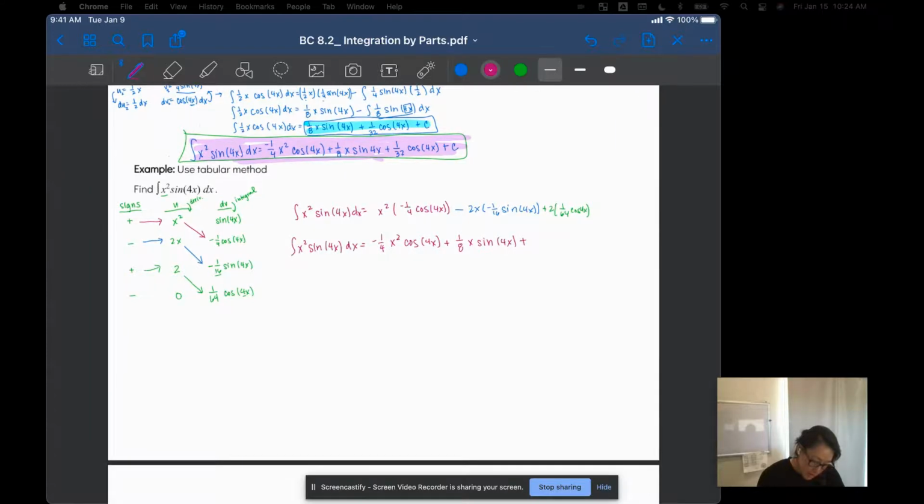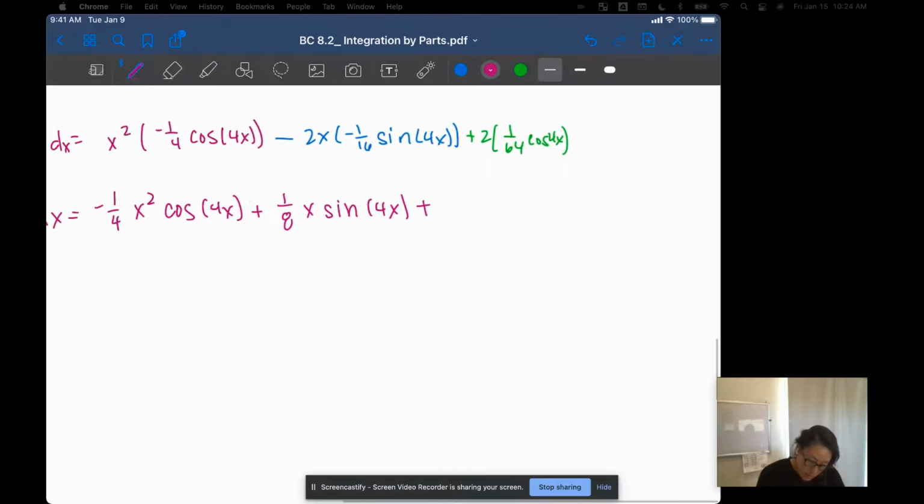Oh, wait a second. I messed up here. No, I'm good. I messed up on my paper. 2 times 1/64 is 1/32 times the cosine of 4x plus C. Ooh, I forgot my plus C.